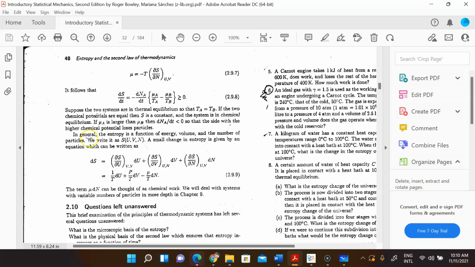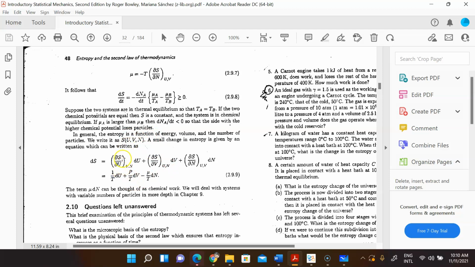One could actually make it a function of several variables, and then the differential of the entropy is given in terms of the variables that the entropy depends on.